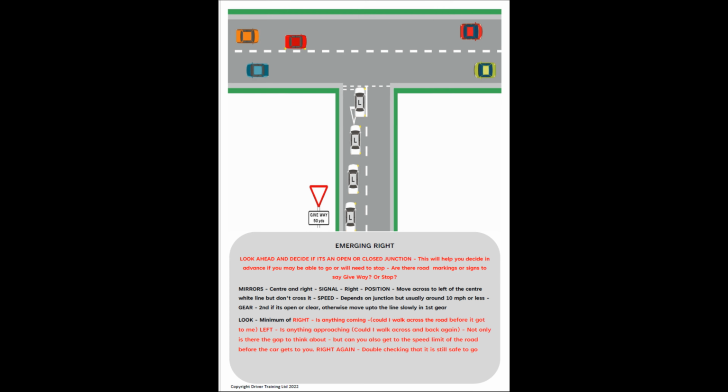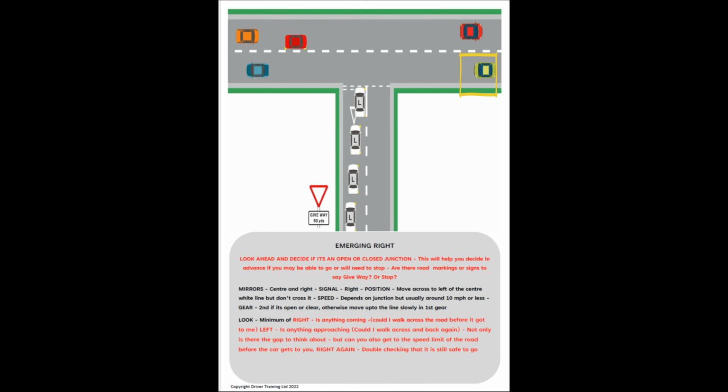The main bit will be the look on approach to it. So the first thing we want to do is look to the right. Again, we're looking for any traffic coming towards us, because we've got to think this time, could I walk across the road before that car got to me? And that determines whether we go or not.